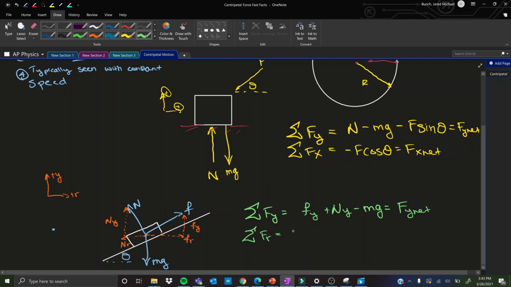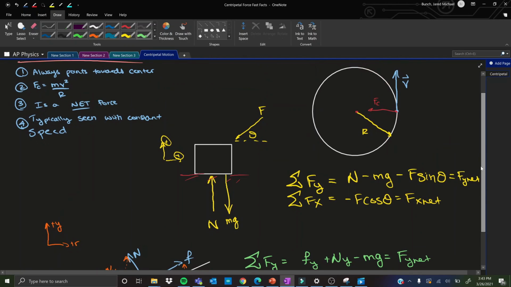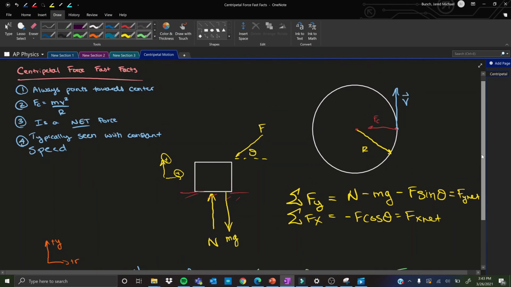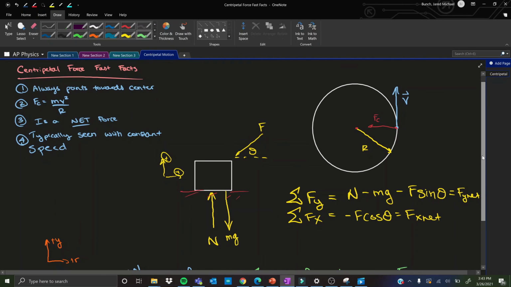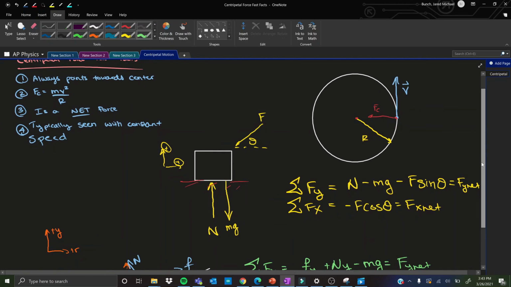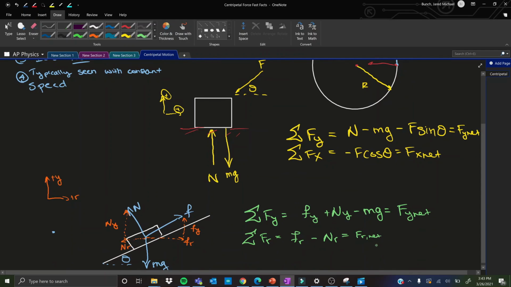So that would be force of friction in the radial minus normal force in the radial. And we don't need to include the gravity because there's no component of gravity in the radial direction. And this equals F radial net. Now up above in our fast facts, we said that the centripetal force is a net force and it equals mv squared over r. We see that this is net and it equals mv squared over r.